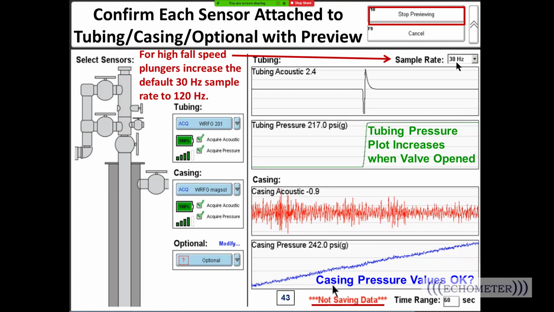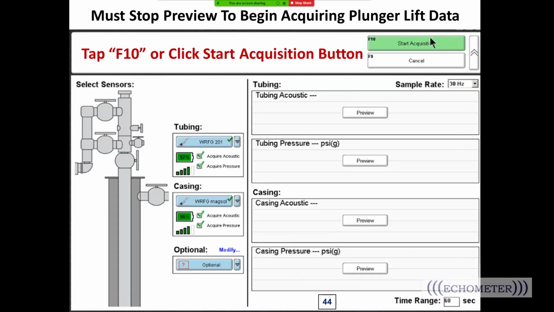And for a bypass plunger or two-piece plunger, 120, 240, or 480 samples per second. The two-piece plungers fall really fast, so you may have to go at 480 samples per second. You won't sample very long, but you'll have to sample fast, and you may want to try 480 samples a second in your office before you go to the well, to make sure your computer is fast enough to keep up with the high-speed data before you run a test at the well.